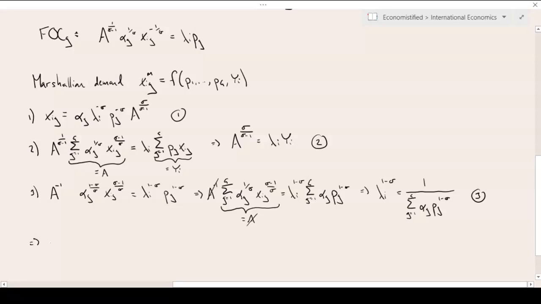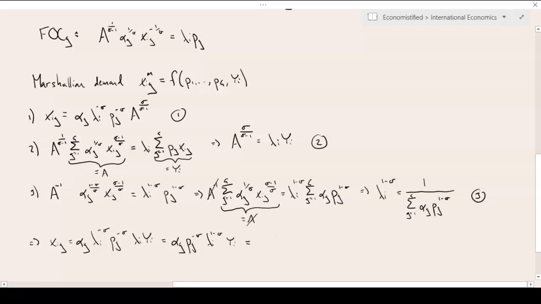And I get, first substituting in equation 2, that A to the power of sigma over sigma minus 1 is just equal to lambda i times yi. And I can combine these lambda i terms to get lambda i to the power of 1 minus sigma times yi. And I can then substitute in equation 3.